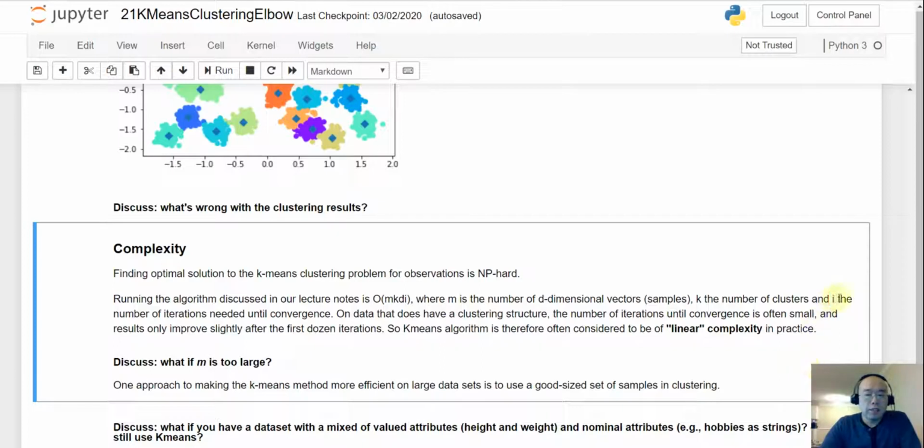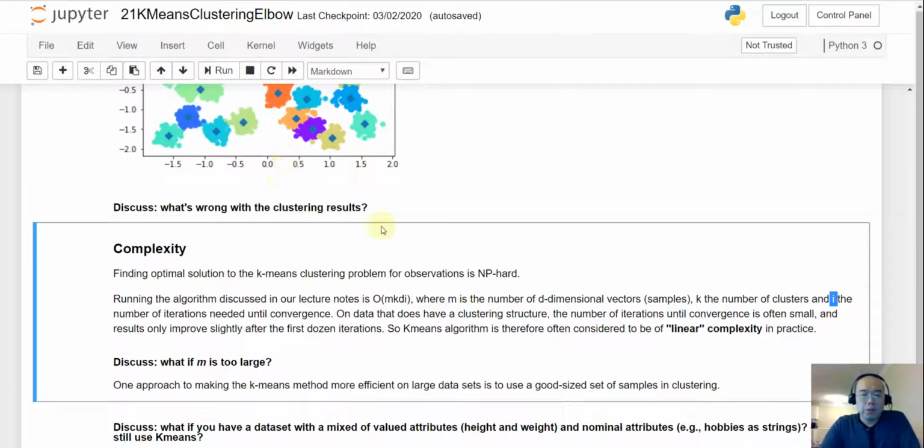Remember, K-means is an iterative process: we assign all the samples to the nearest centroid, and then we recalculate the location of the centroids. In reality, this i is usually a very small number. You don't have to worry that you have to run 1,000 rounds before it converges. It usually converges much faster than that.